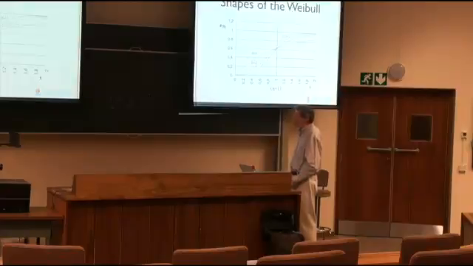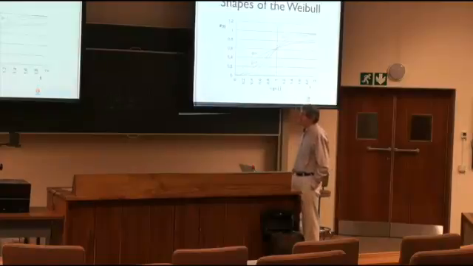By the way, you will see that these have been drawn for eta equals 1. In other words, the scale parameter is used as 1 there. If the scale parameter was 100, then it would have looked just as it looks there, but the scale would have been different.